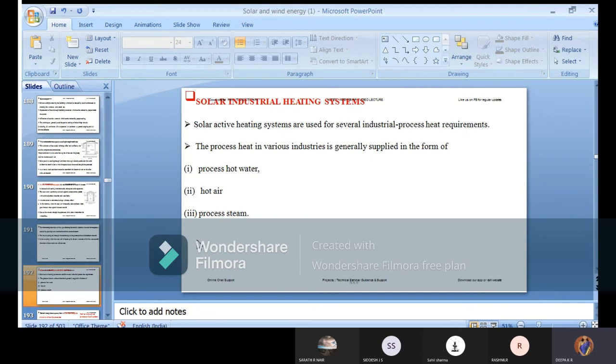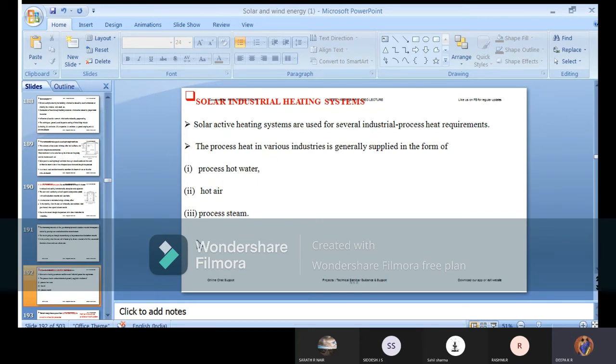And as we all know, in engineering systems we use terms like turbines, engines, petrol engine, diesel engine, heat exchanger. So many times we have used these terms, and the conversion of water to steam or steam to water we have also discussed.